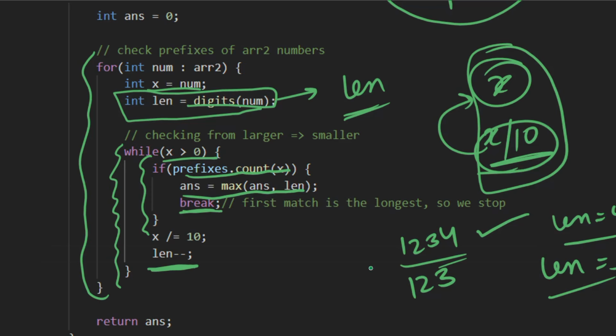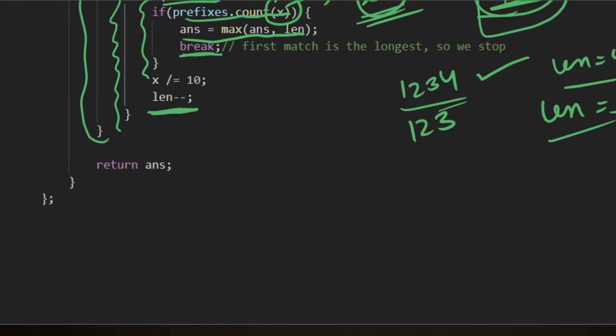So how does this length variable benefit us? We do not have to find the length of x every time. This way the length variable helps us, and after checking all the numbers in array2, we get our answer, so we return our answer.